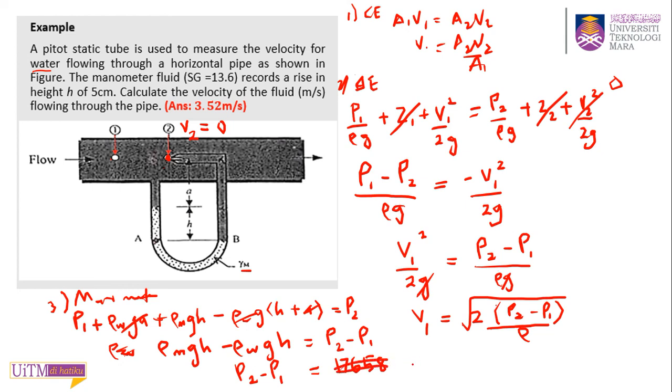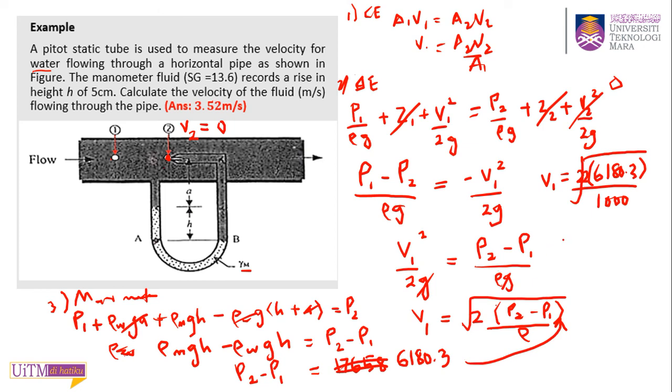Others, who has calculated? 6180.3. Okay, does anyone get the same value? If you get this value, then bring it back into your equation to find V1. So V1 equals the square root of 2 times 6180.3 divided by rho 1000. What is V1? Do you get 3.52?